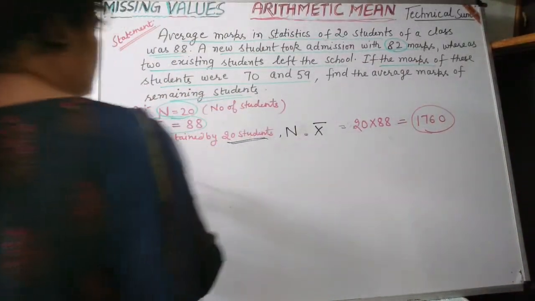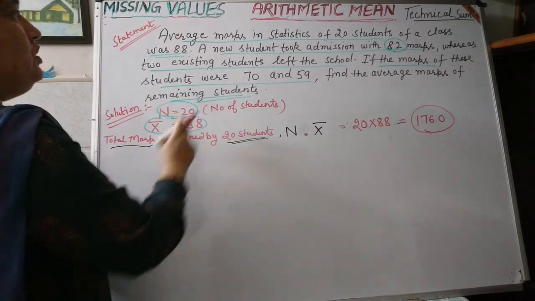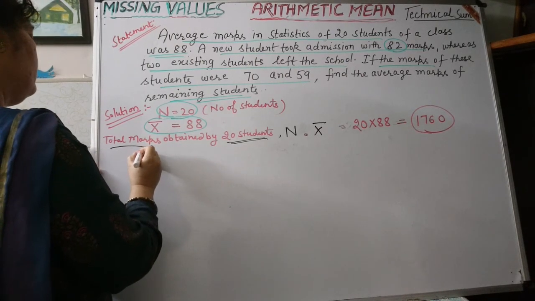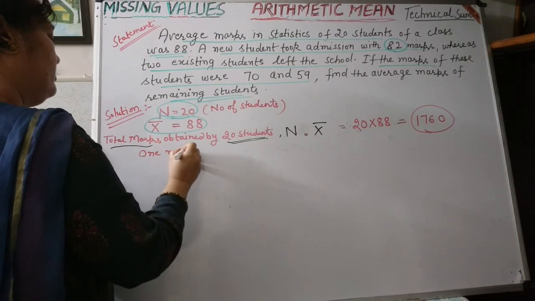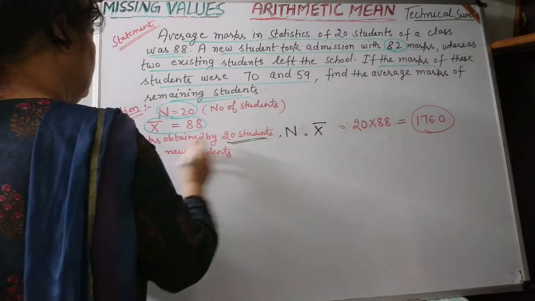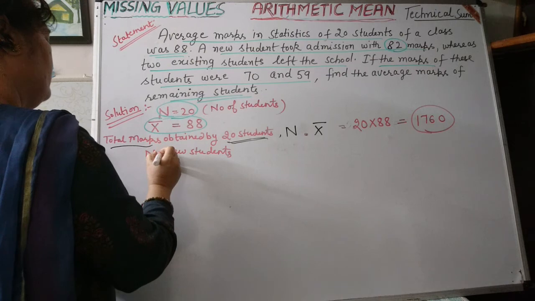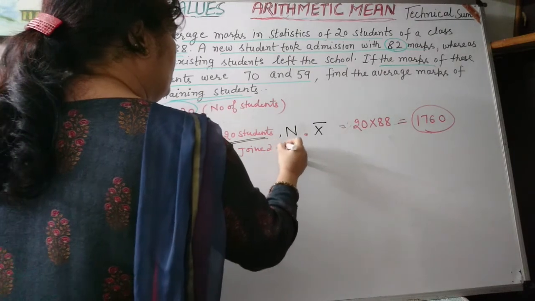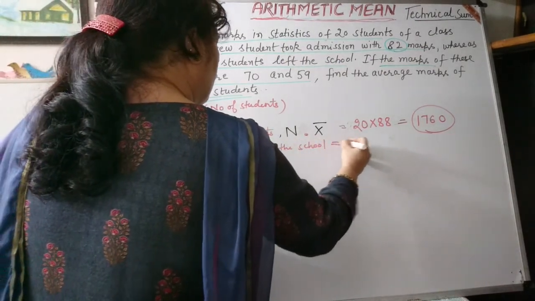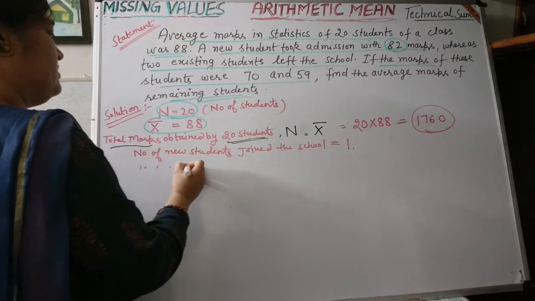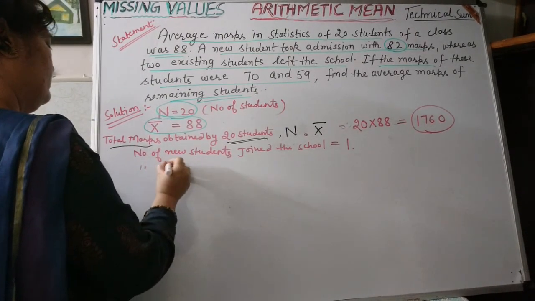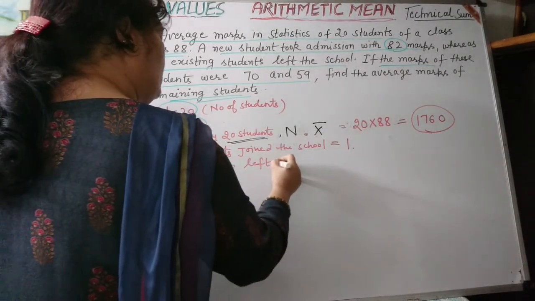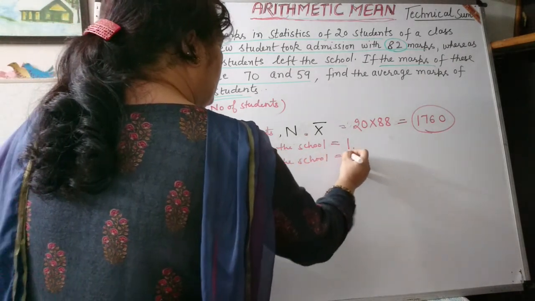Now for the next information, a new student took admission with 82 marks. Then the number of new students joined the school is 1, and the number of students who left the school, their number is 2.